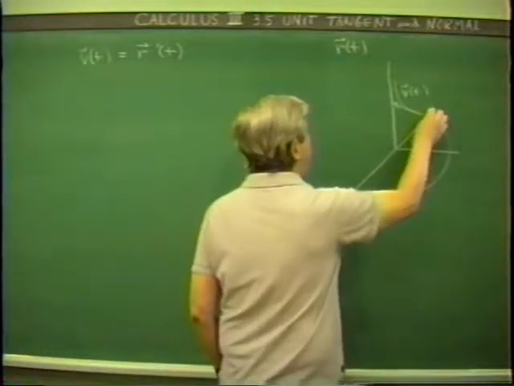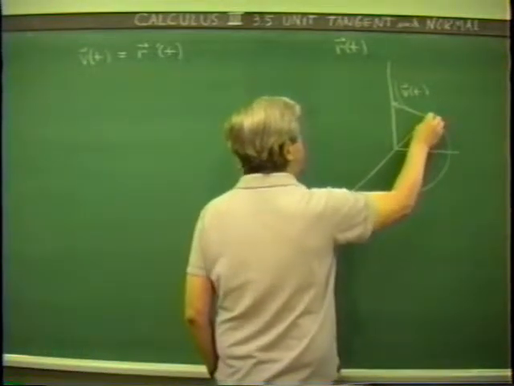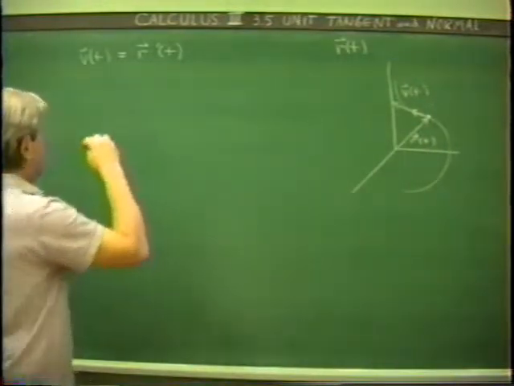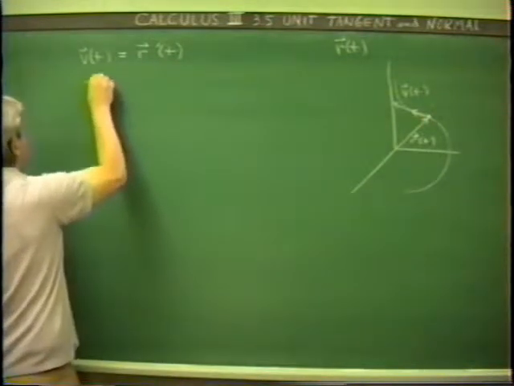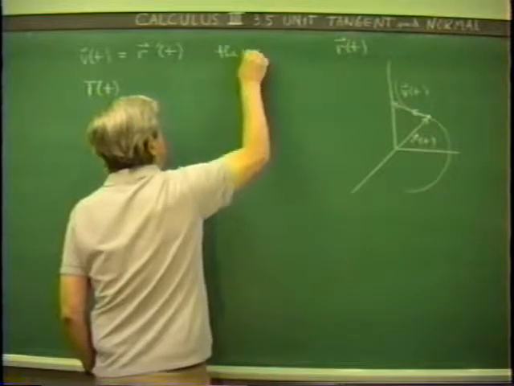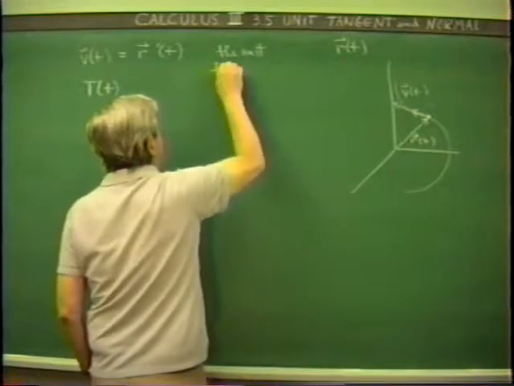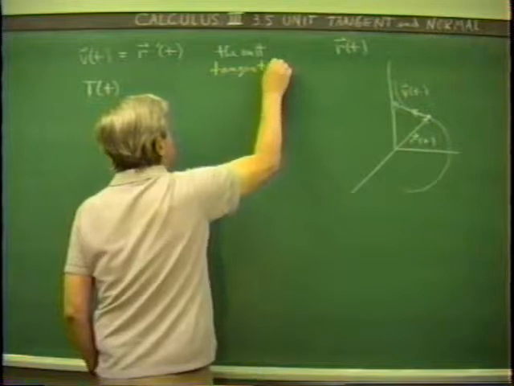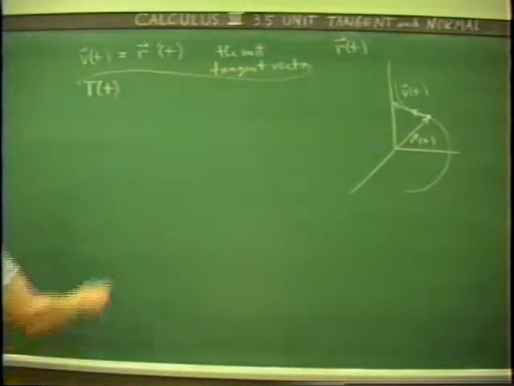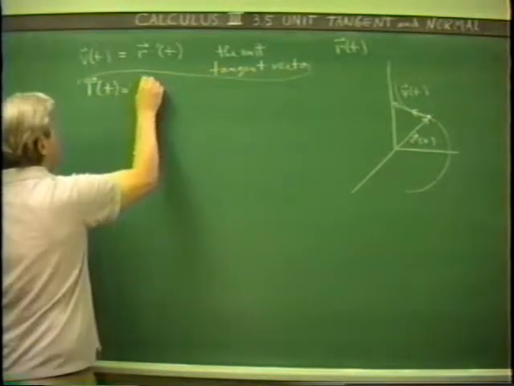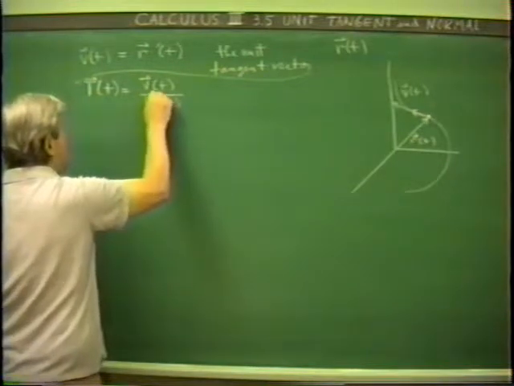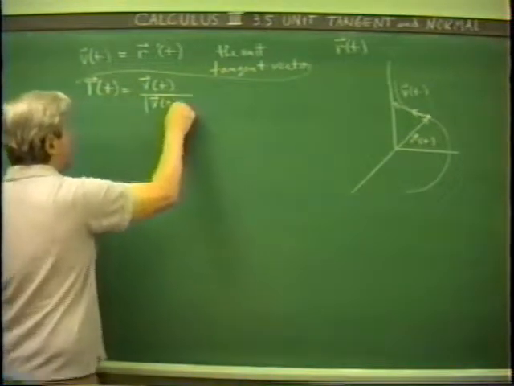And what we want to do is consider putting a coordinate system right here at the point r of t with a unit vector in the direction of v of t, so that t of t, the unit tangent vector, can be determined by taking v of t and dividing by the magnitude of v of t.